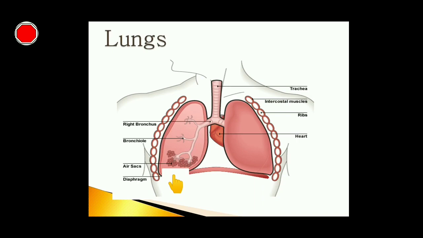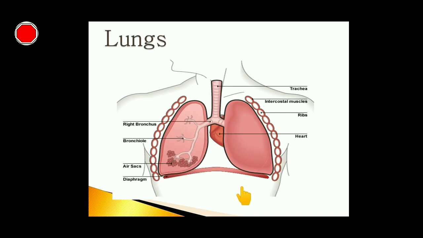These are air sacs. The air which comes through the trachea into the bronchioles ultimately comes to the alveoli. In the next slide I will show you that these alveoli remain highly supplied with blood vessels.